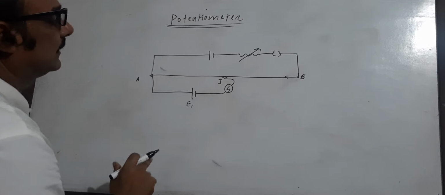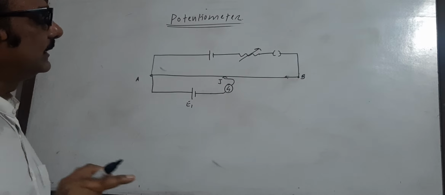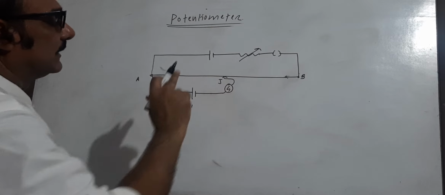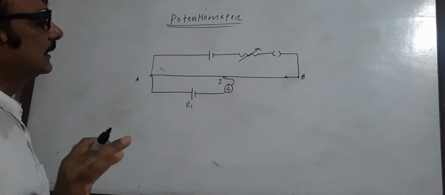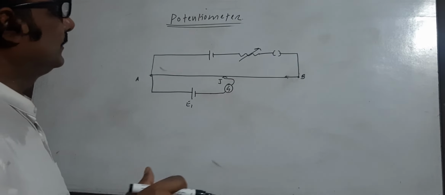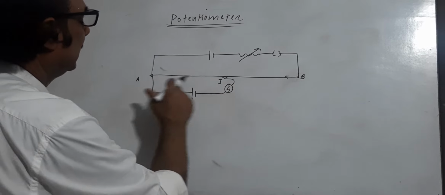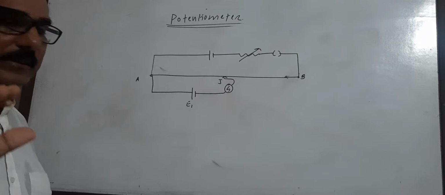Balancing length is obtained means the null deflection is obtained in the galvanometer, that is, no deflection is produced by the galvanometer. At this stage the galvanometer is at null deflection, and this length A to J or A to C is known as the balancing length.